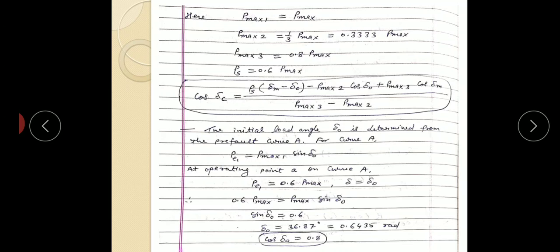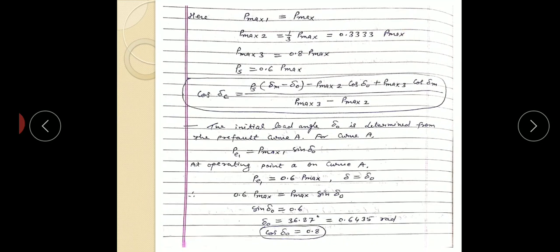So apply the formula: cos delta C is Ps(delta m minus delta naught) minus Pmax2 cos delta naught plus Pmax3 cos delta m, divided by Pmax3 minus Pmax2. Before applying the values, first of all calculate the angles delta naught and delta m.